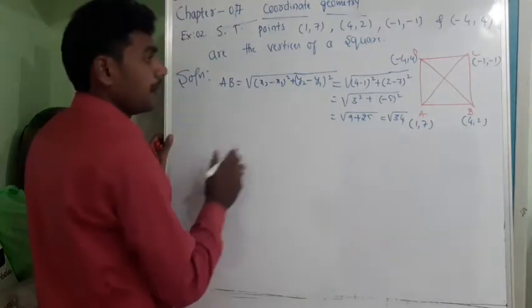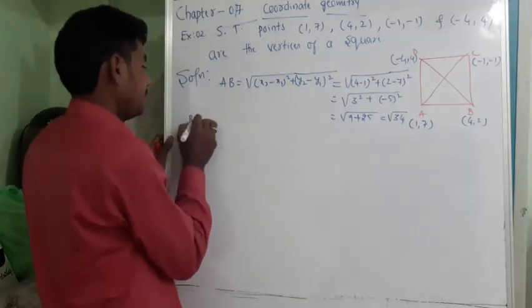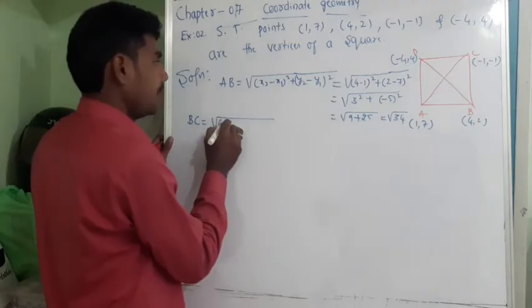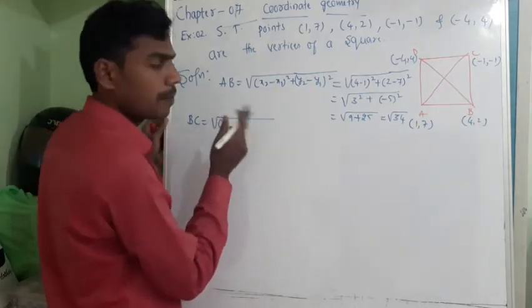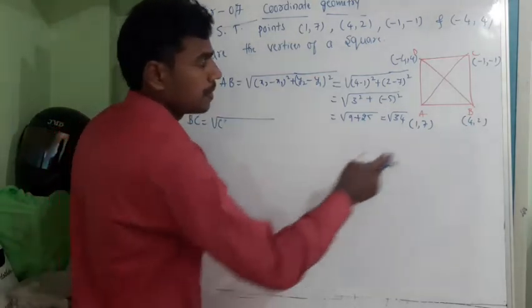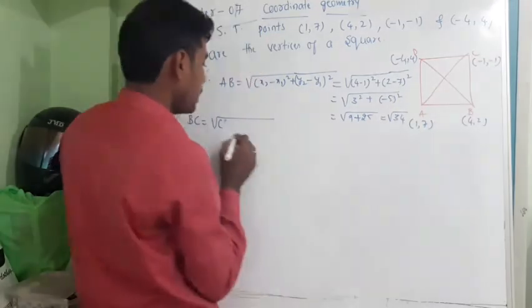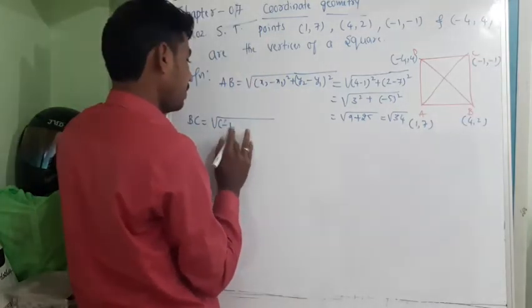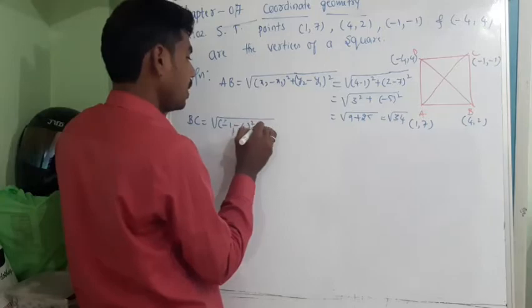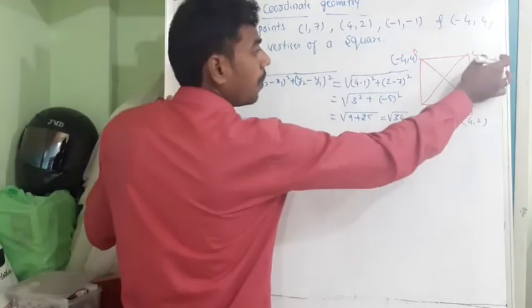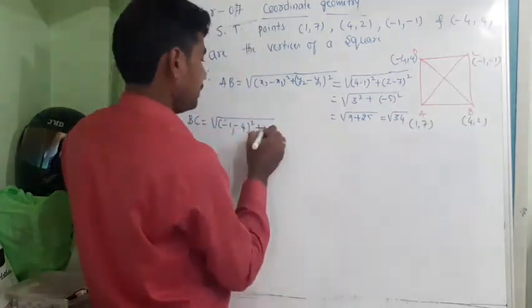Next, BC. Again the same formula. I will not apply the formula step by step, you should apply it. So that is (-1 minus 4) whole square plus (-1 minus 2) whole square.